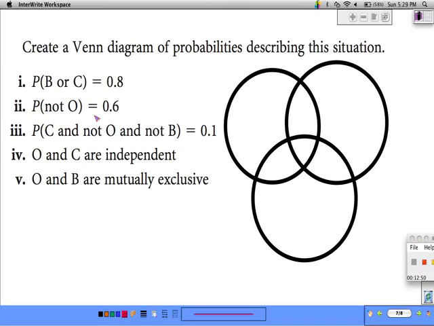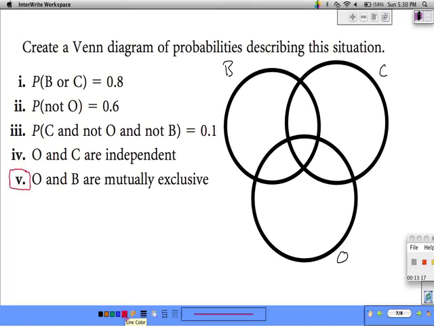And what I'm going to start with is actually the 5th one. O and B are mutually exclusive. And what these circles are representing is that someone is in band, someone is in choir, and someone is in orchestra, and everybody is in one of these 3 things.